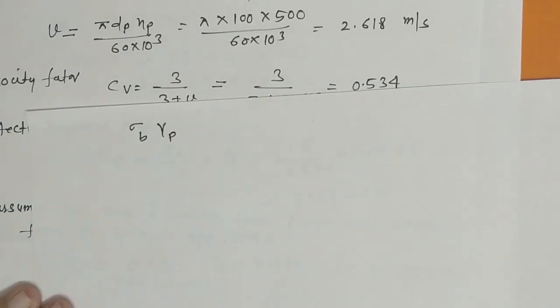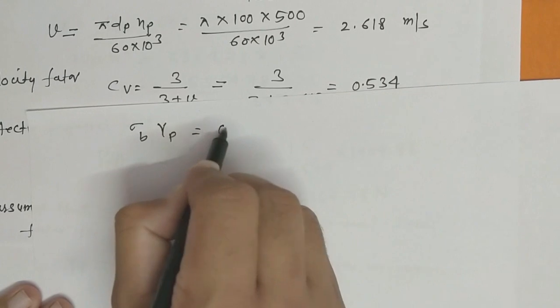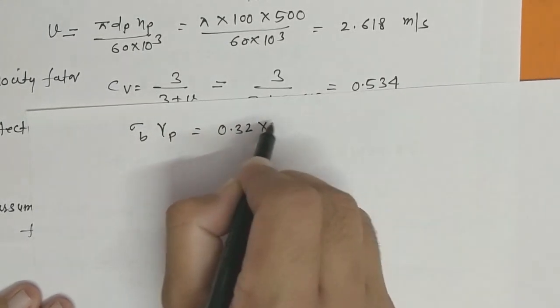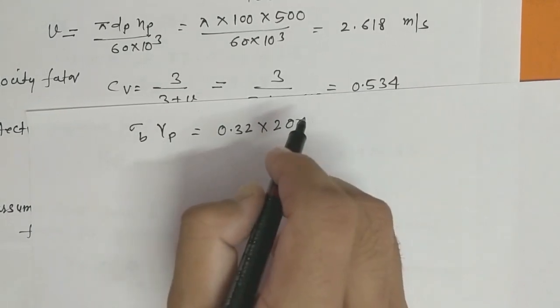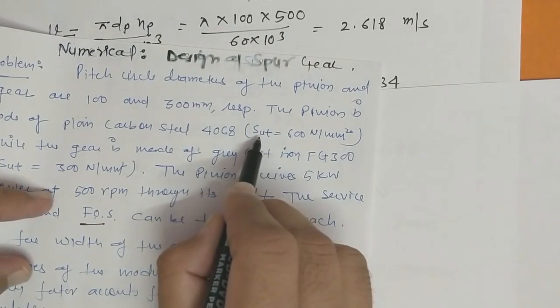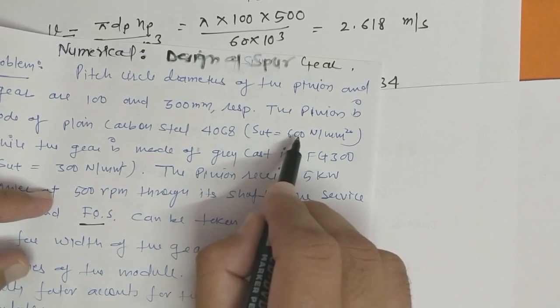So for pinion, this is 0.32 multiplied by 200, because for pinion the SUT, ultimate tensile strength, was given as 600. So sigma b is 1/3 of this 600.